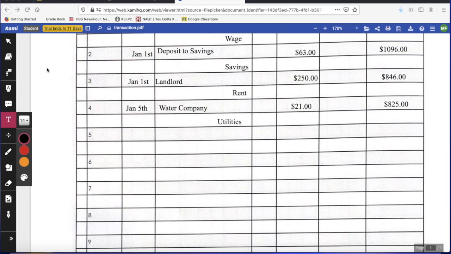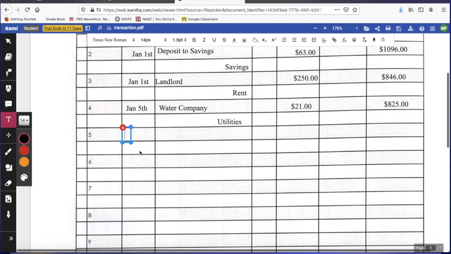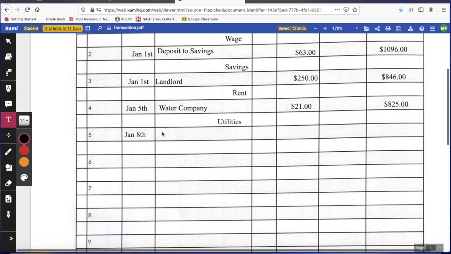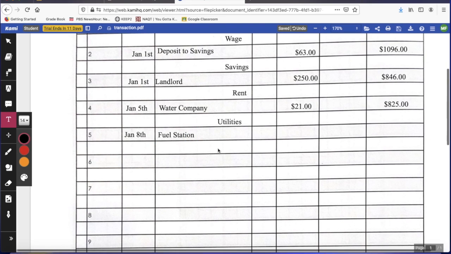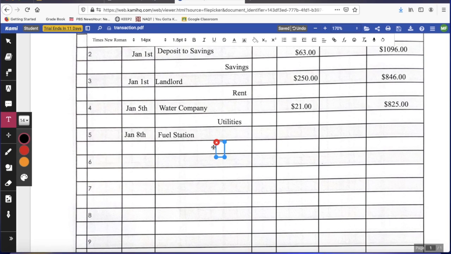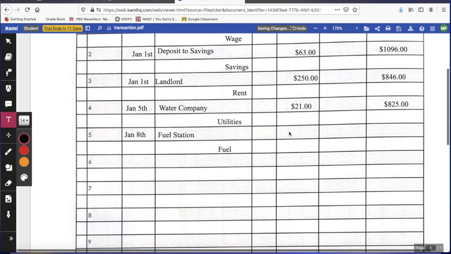Okay, number 5. On the 8th, Sam needs to put fuel in his car at the fuel station. How much does he owe? $47. He must have a big gas guzzler. So, January 8th, he goes to the fuel station. So you'll put that on the first line, and it's for fuel, obviously.